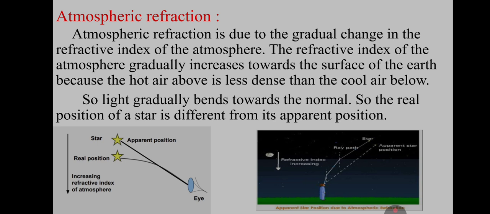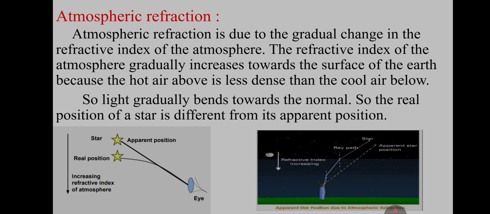Why is this? Because the hot air above is less dense than the cool air below. Towards the earth, the cool air is there. Compared to that, the air above, the hot air, is less dense. Less dense means rarer medium.